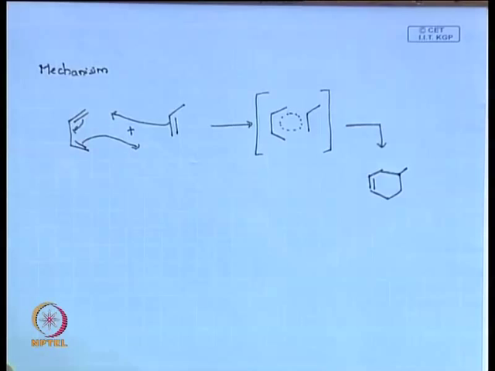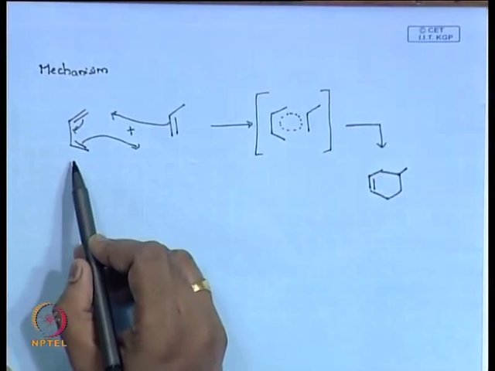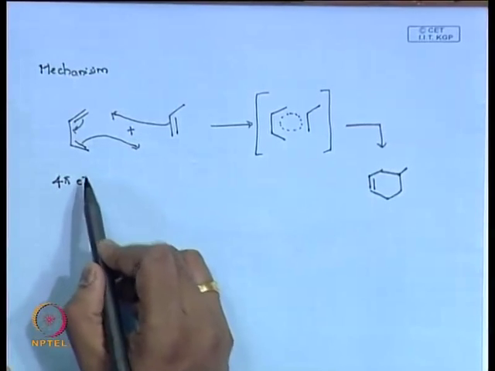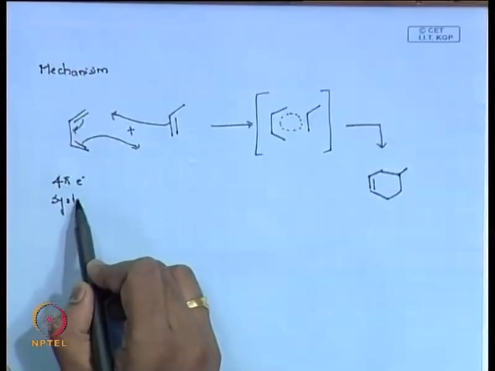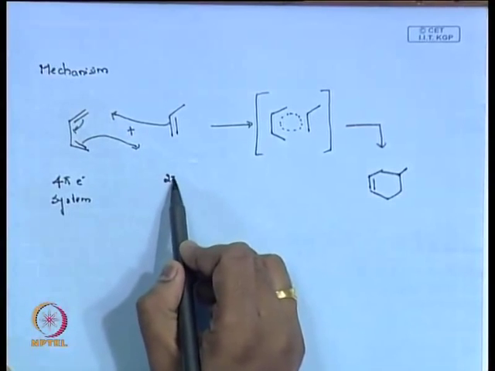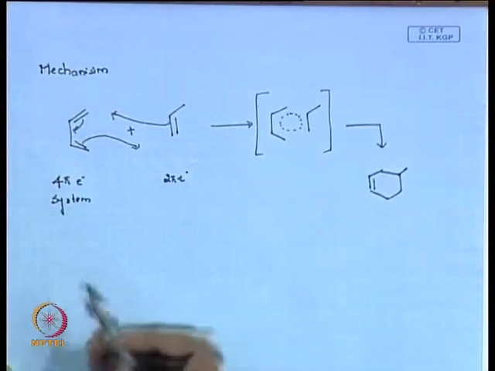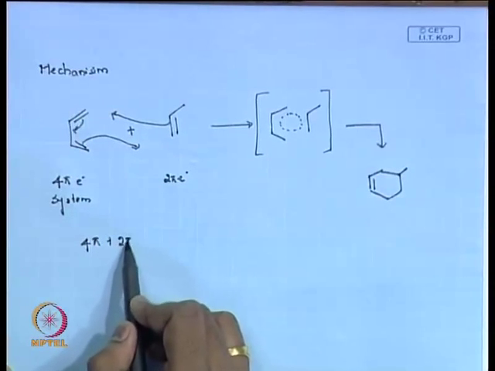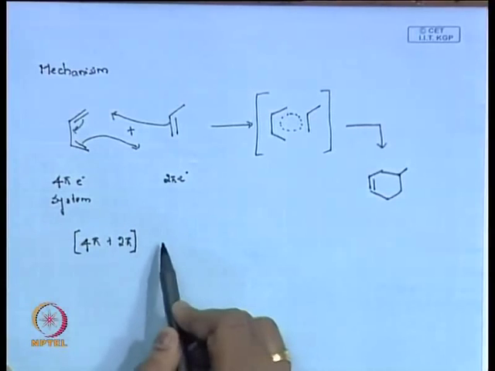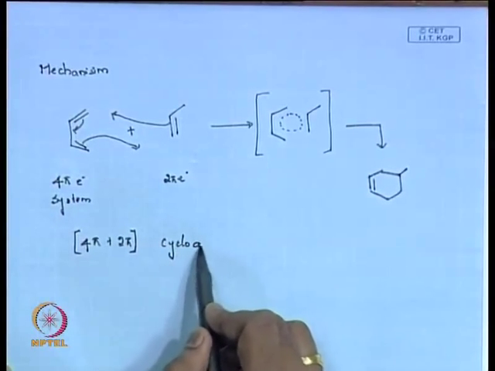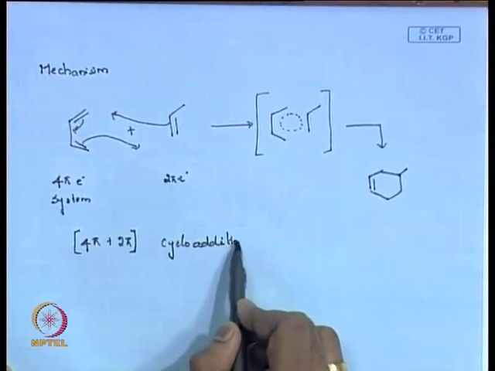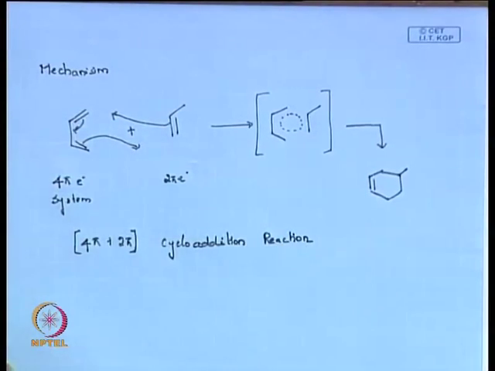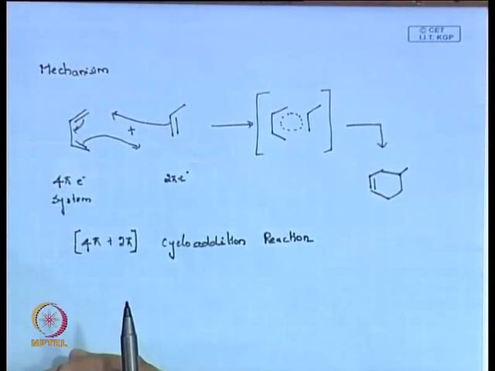Okay. If you carefully watch, your diene is a 4 pi electron system and your dienophile is a 2 pi electron system. That is why we call this reaction a 4 pi plus 2 pi cycloaddition reaction. Okay. This is the simplest mechanism of the Diels-Alder reaction.